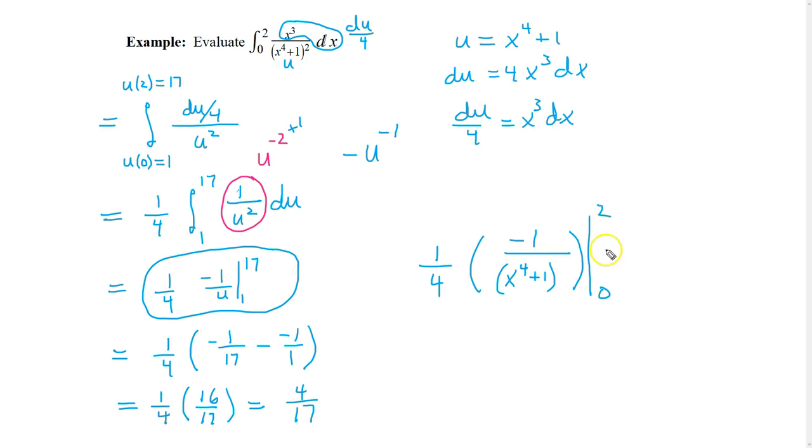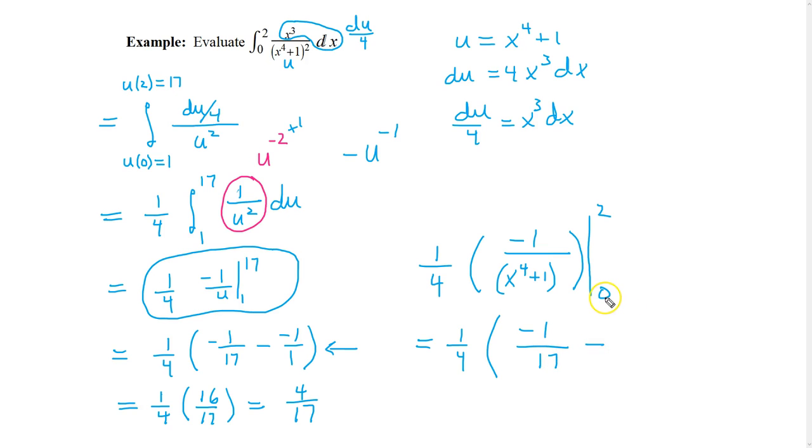so we would have to go back to the original limits of integration. And notice if we do that, we will still get the same result as we do right here. Notice if we substitute 2 in for x and 0 in for x, now if we put 2 here in for x, we're going to get 17.